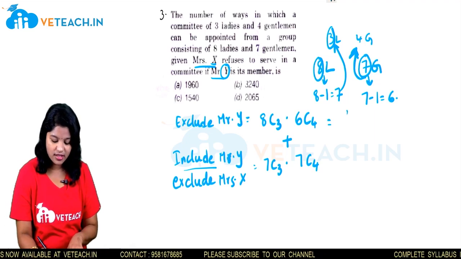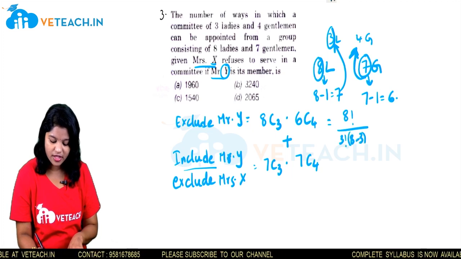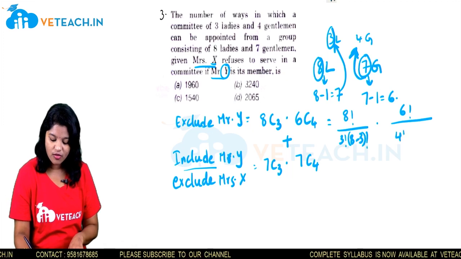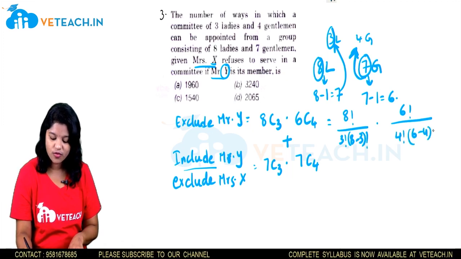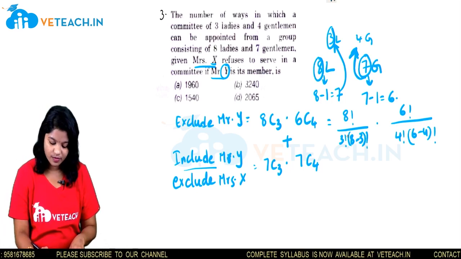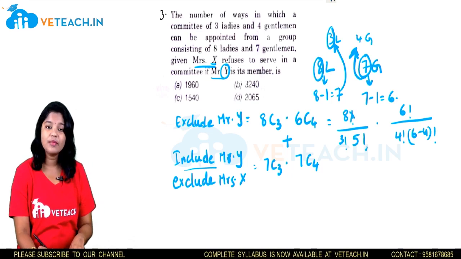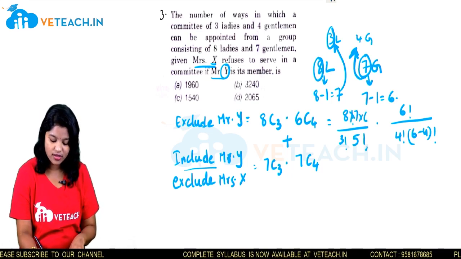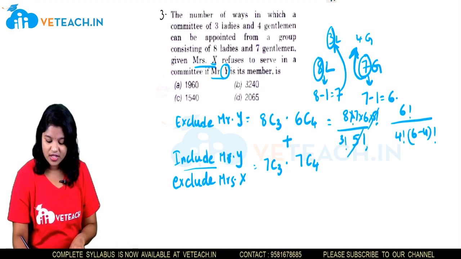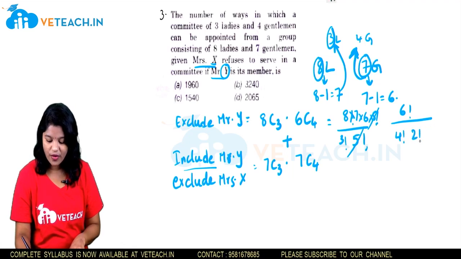Now 8C3 is nothing but 8 factorial by 3 factorial into 8 minus 3 factorial. Similarly 6C4 means 6 factorial by 4 factorial into 6 minus 4 factorial. 8 minus 3 here is nothing but 5 factorial. 8 factorial I am writing as 8 into 7 into 6 into 5 factorial. 5 factorial gets cancelled. 6 minus 4 is nothing but 2 factorial.